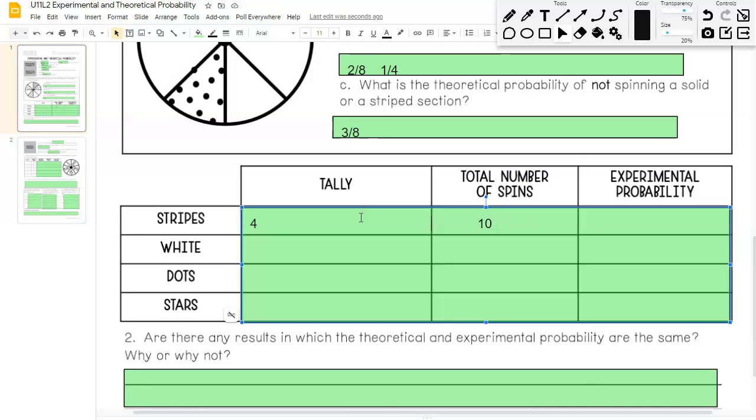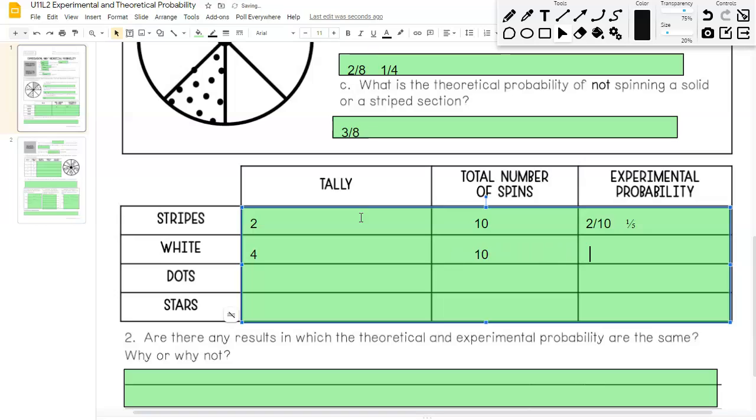for stripes I only had 2. 2 out of 10. So my experimental probability is 2 divided by 10, or 1 divided by 5. Then the white ones, well, I had 4 of those out of 10 spins.